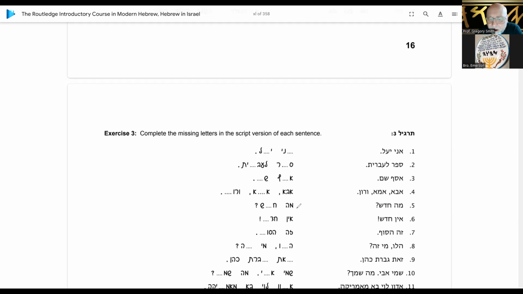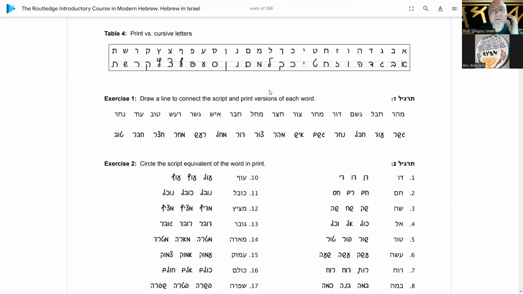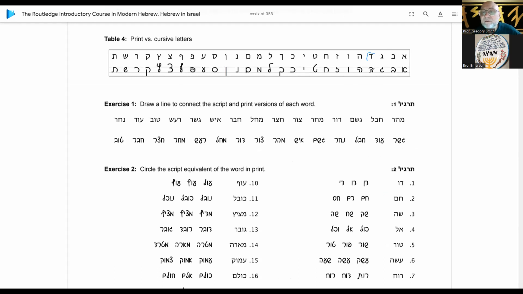So here's the ma. They got that already. So what are we looking for? We're looking for a dalet. I think I'm going to have to look that up again and get practice in on what that dalet is. And here it is. Look at that. It looks like a little pigtail. There's a dalet right there in block script, and here's a dalet in cursive script.